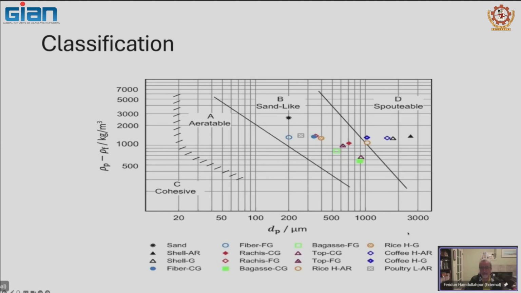For example, let's see where rice is, here. If you want to see big ones, it's right here in the spoutable region. So you have to take this into consideration very seriously.